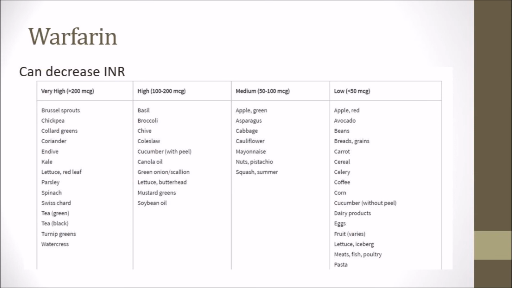So if you're taking X amount of warfarin and you intake more vitamin K that day than usual, then you would need more warfarin to cover those foods or that level of vitamin K in your body. Therefore, foods with a high content in vitamin K will decrease your INR.